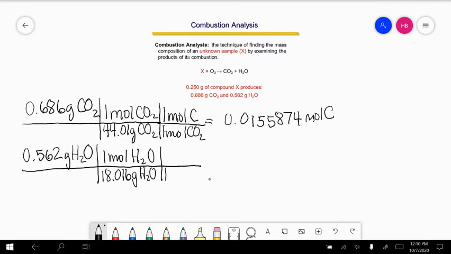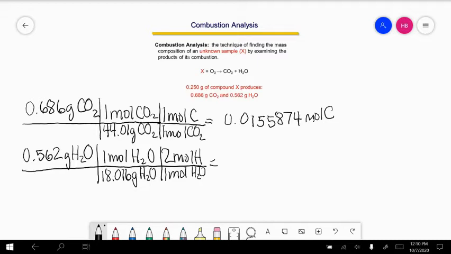And then I can pull out the hydrogen because all of the hydrogen that's in water comes from that hydrocarbon. And this time there's 2 moles of hydrogen in every 1 mole of water. That's because there are 2 atoms of hydrogen in every molecule of water.